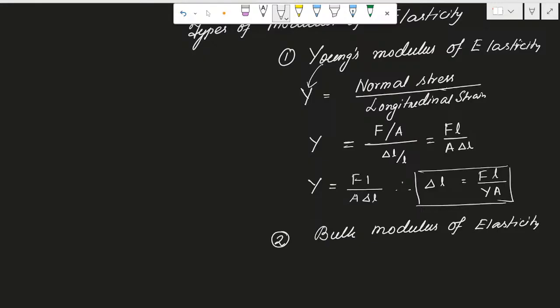Bulk modulus means it is the ratio of normal stress to the volumetric strain. It is denoted by K, that is normal stress by volumetric strain.